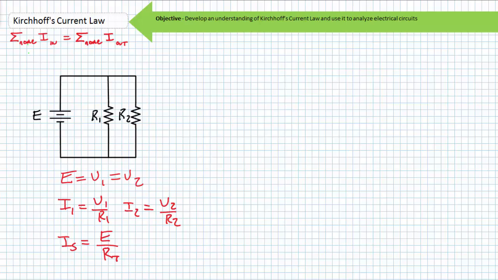Using this method, source current IS is equal to the supply voltage E divided by total resistance RT, where total resistance is the parallel combination of those resistances in this path. RT is R1 in parallel with R2. This is the reason I do not prefer this method. It requires a calculation step not readily solvable in your head.